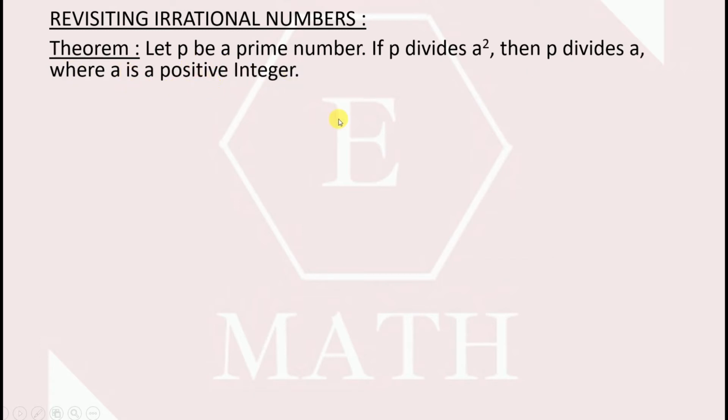For any prime number p, if it divides a square, then it always divides a also. That means if a square is a perfect square number and a prime number divides it, then that prime number also divides the square root of that number, where a can be any positive integer. That's what the theorem says.